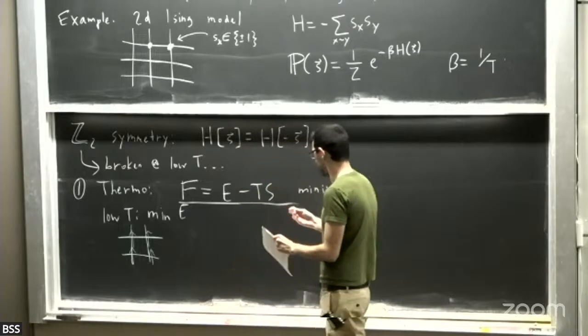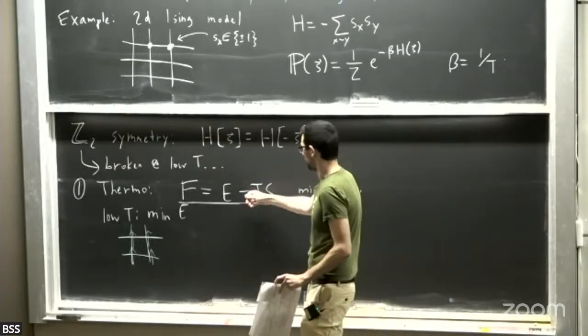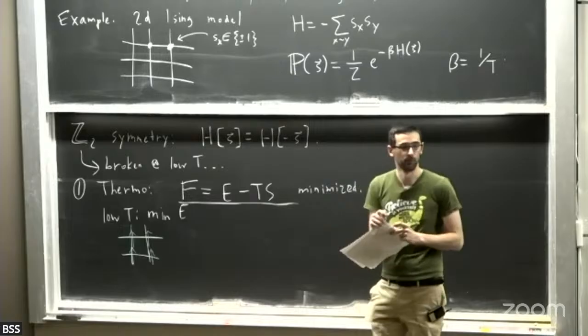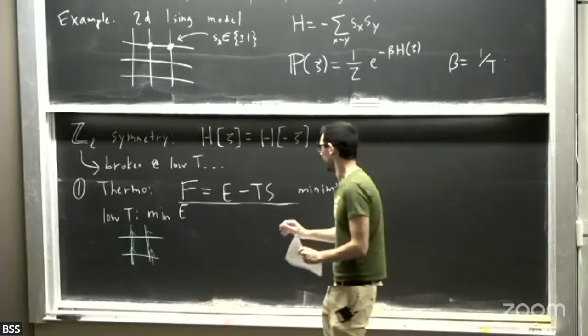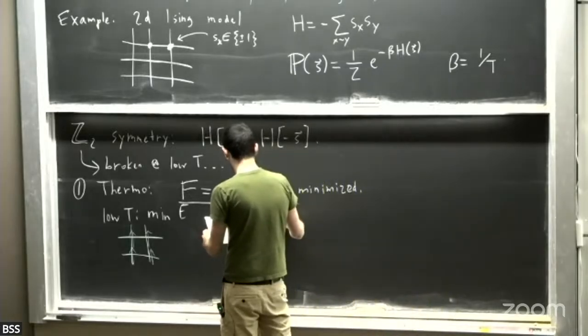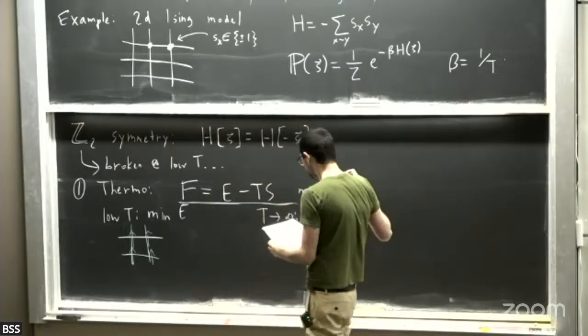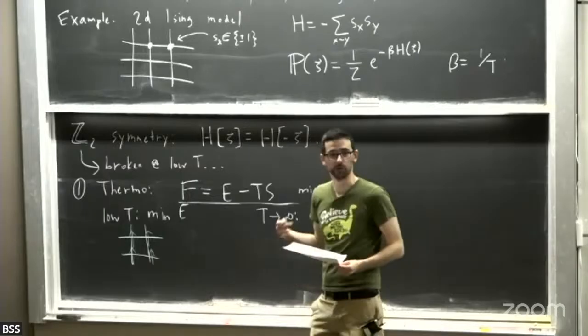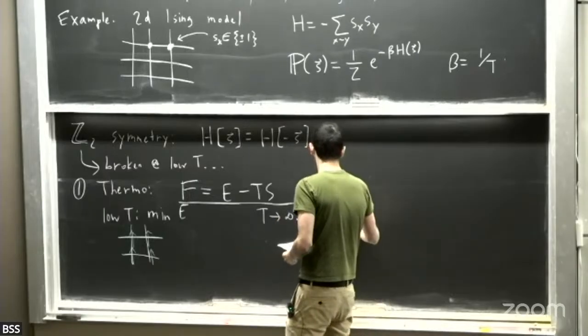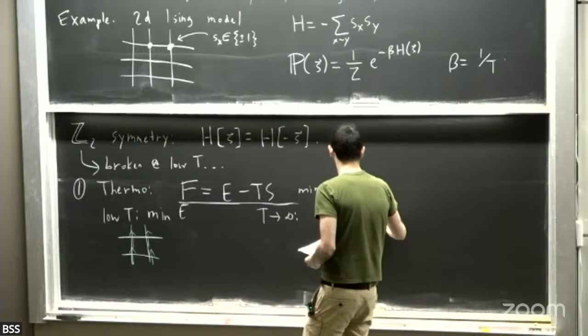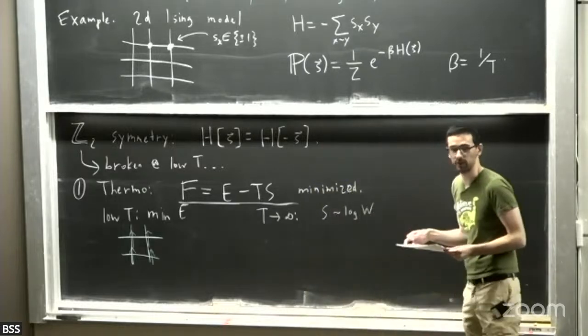Now, on the other hand, of course, if we're at high temperature, so T is large, then instead we're trying to maximize the entropy, being a bit sloppy because we'll try to be more precise shortly. At high temperature, we're trying to maximize entropy. Entropy is, of course, roughly like the logarithm of however many accessible configurations we have.